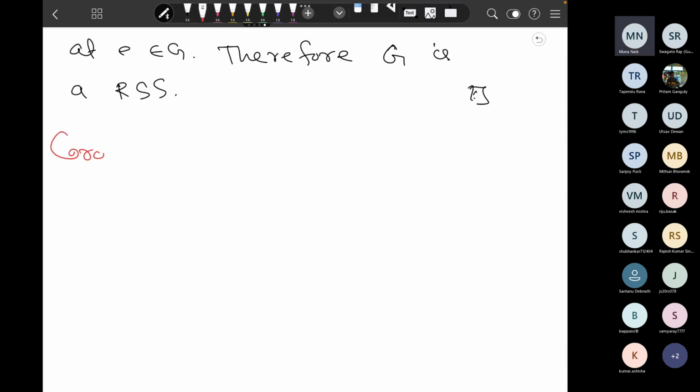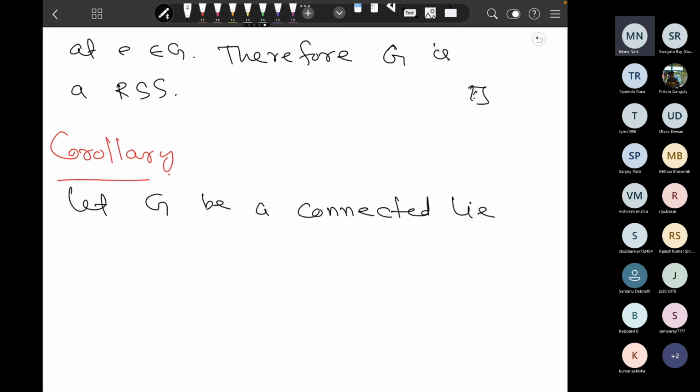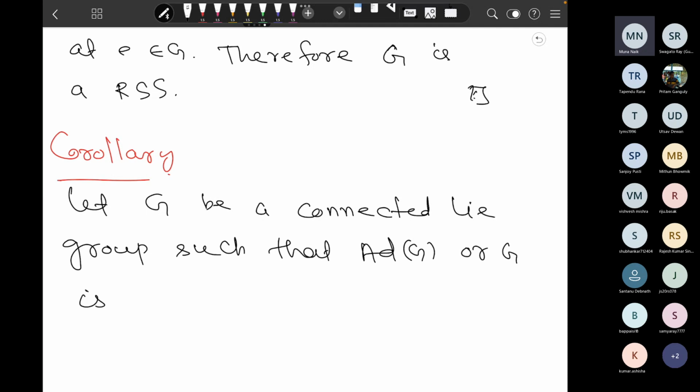So in final corollary, this example is going to be very important later. Let G be a connected Lie group such that R_G or G is compact; then G is a Riemannian Symmetric Space. So any compact connected Lie group is a Riemannian Symmetric Space, and we have a little bit of generalization of that result.